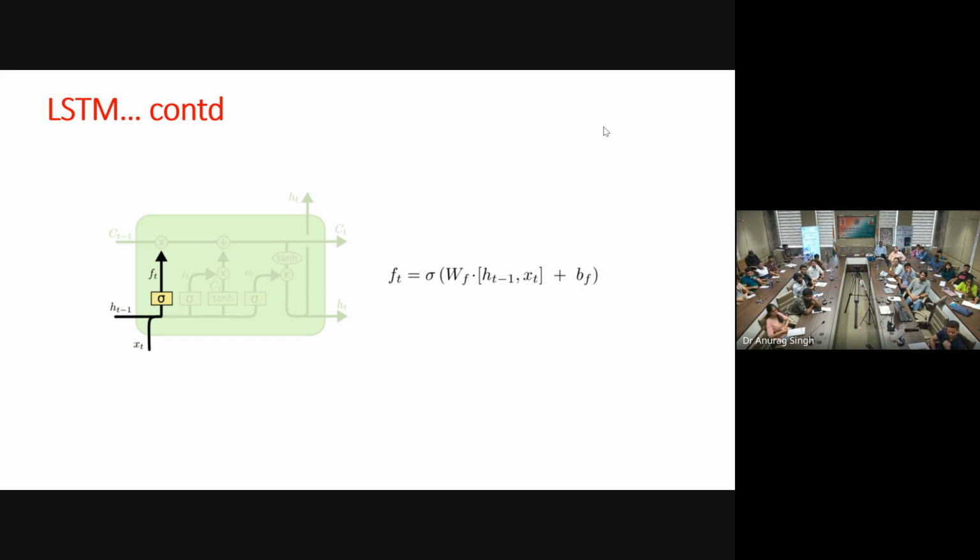So W F into this vector dot product plus b F, where b F is your bias. So this is the net input reaching this neuron. What is the output? The output will be controlled by the sigmoid function, where sigmoid gives output between the range 0 to 1. So f t will be computed like this. Is it fine? Okay. So you have to learn separate weights for what contents to forget.